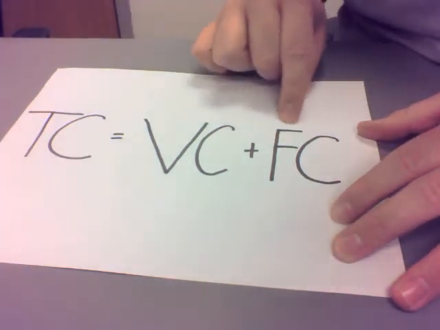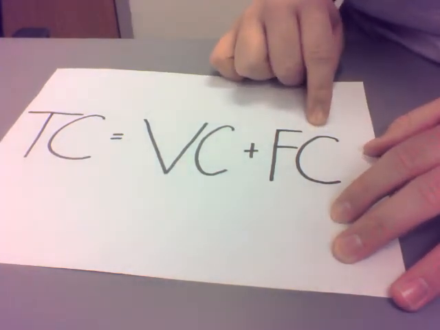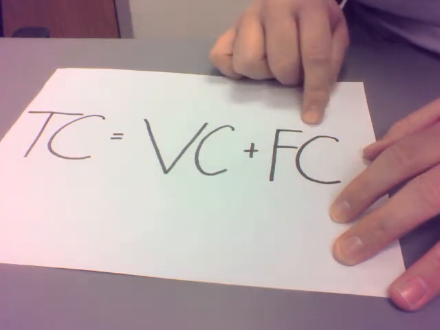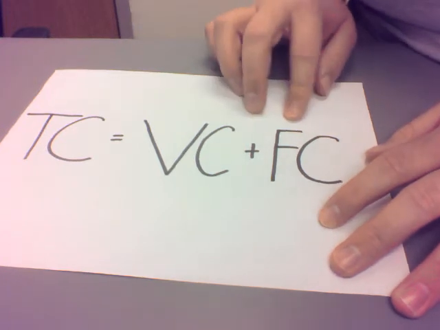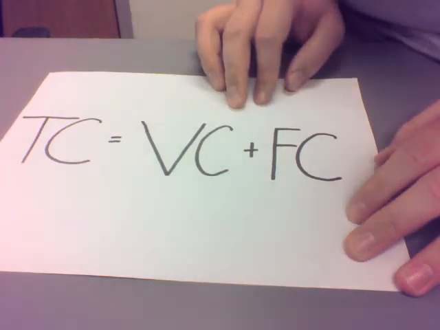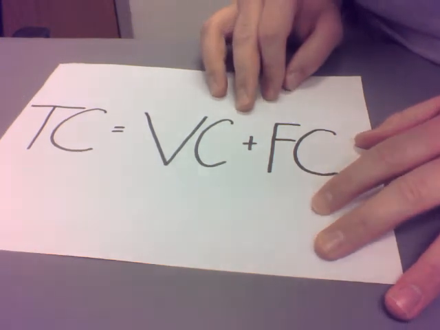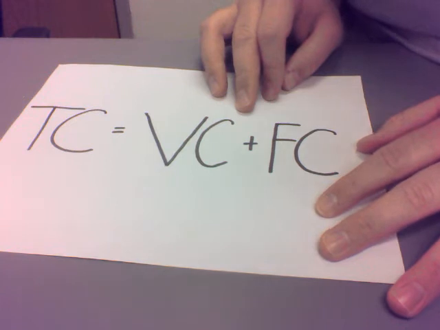So we also have fixed costs. Fixed costs are costs that do not vary with how much a firm produces. For example, if you were talking about a firm that rented a manufacturing facility, the chances are, regardless of whether that firm actually produces anything, they're still going to have to pay rent every month.